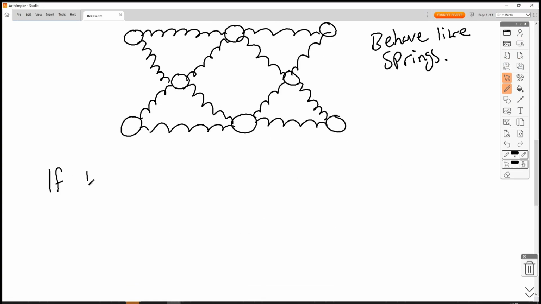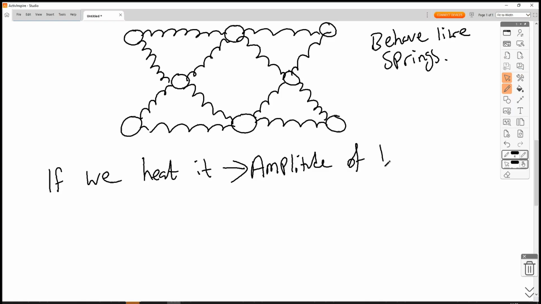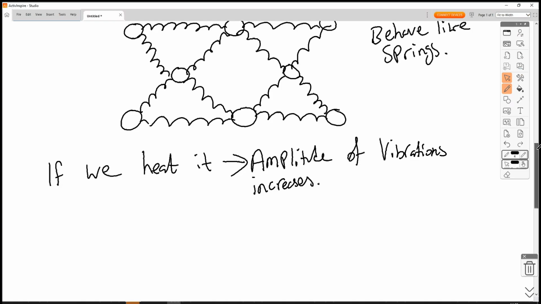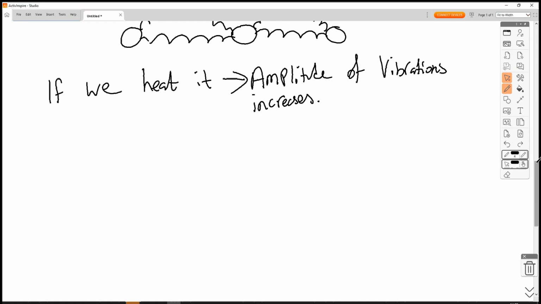So if we heat it, the amplitude of vibrations increases, and if we continue to heat it, bonds will break.